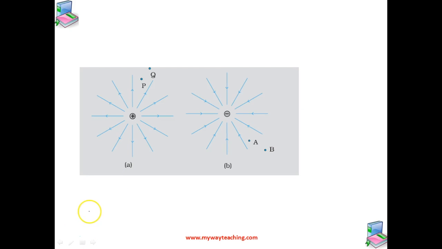And the third part, give the sign of the work done by the field in moving a small positive charge from Q to P. See, in moving a small positive charge from Q to P, work has to be done by an external agency against the electric field.